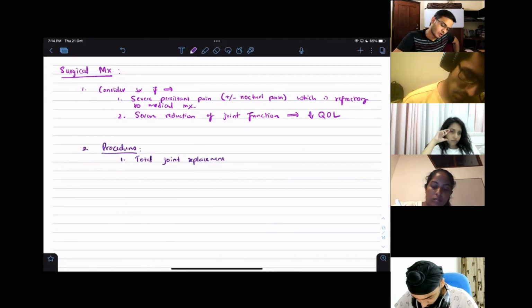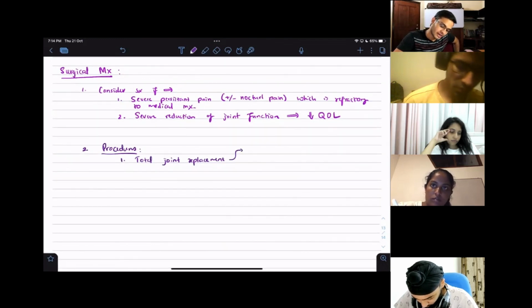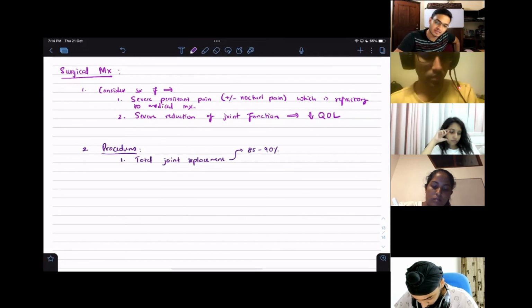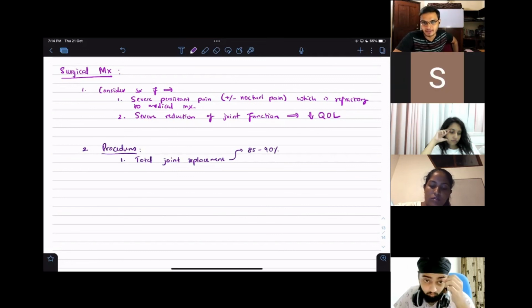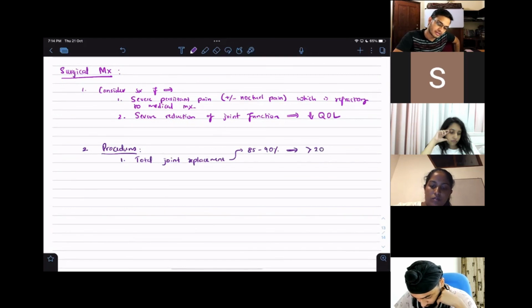This one, I want you all to know, currently has 85 to 90% success rates. The joints work perfectly well, well into the second decade, greater than 20 years after the surgery.